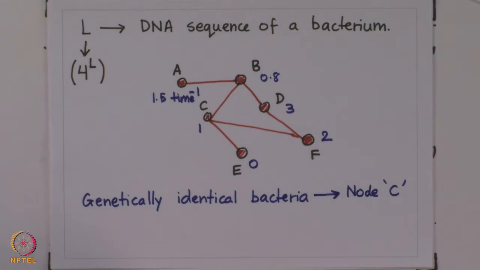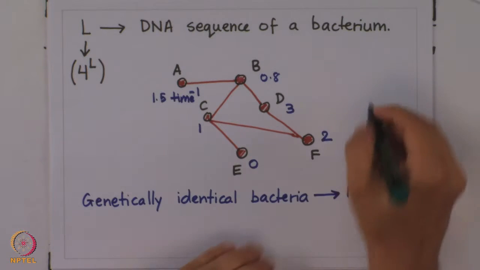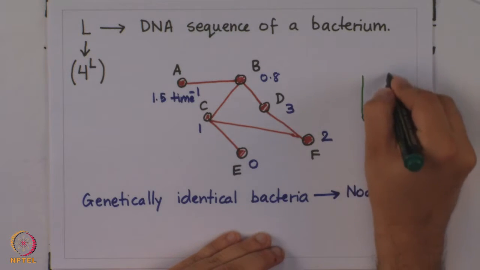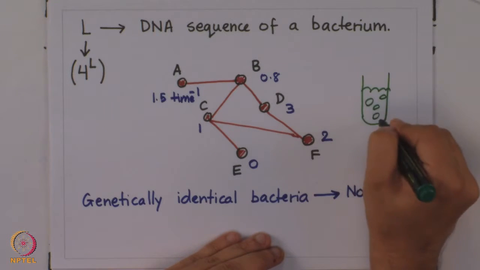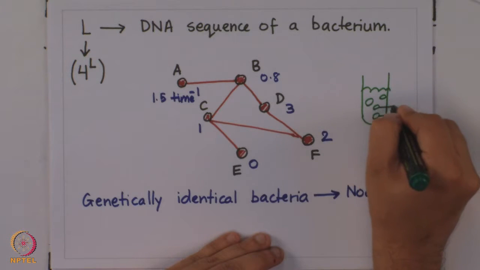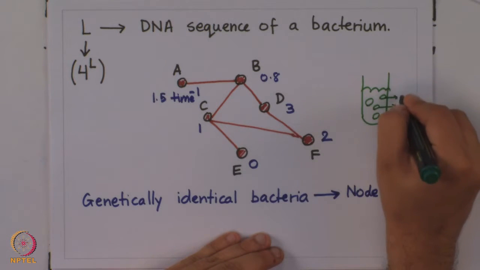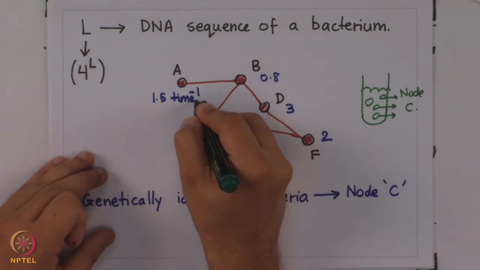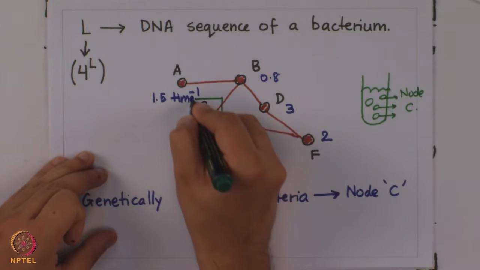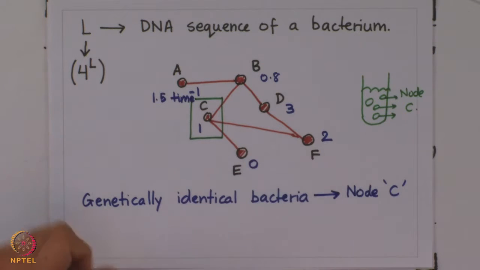So, what that means is I start off my experiment in a test tube and I add a few bacteria to this tube and all of them have the exact same sequence as node C. So, genetically all individuals are identical, which means this is where I am starting my experiment from.